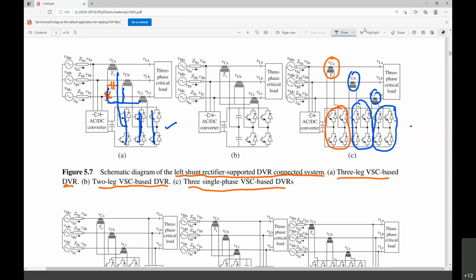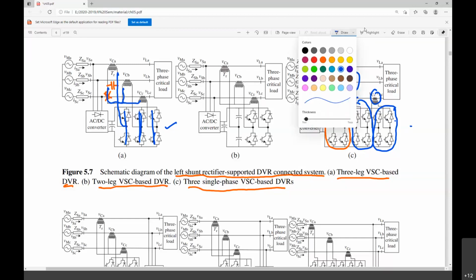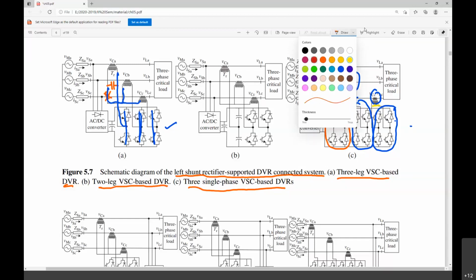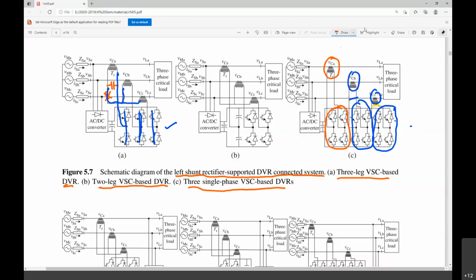This leg also is very much dependent. Whereas in this case, it is independent operation. It doesn't depend on the B phase injected voltage, or the voltage to be injected in the C phase also.